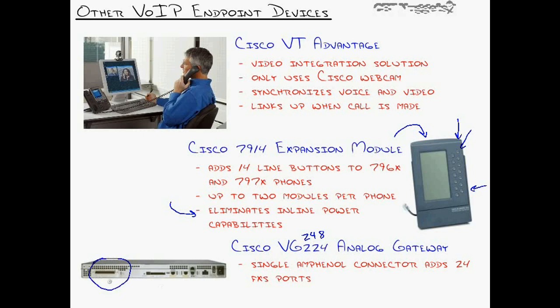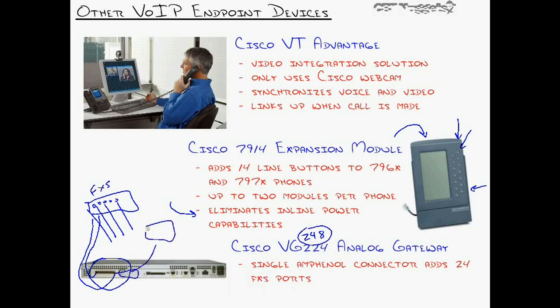It's an Amphenol connector. What you do is you actually run this connector to a punch-down block, which you would then punch down 24 individual, and it's actually FXS, technically, ports, where I can attach 24 different analog devices, or if you have the VG248, it has 2 Amphenol connectors where you can plug up to 48 analog devices into a system and convert them to voice over IP.